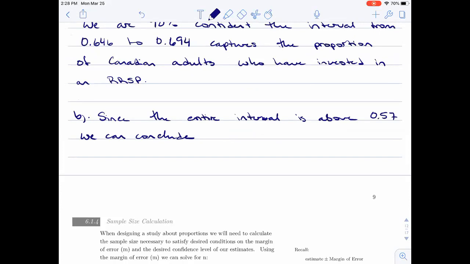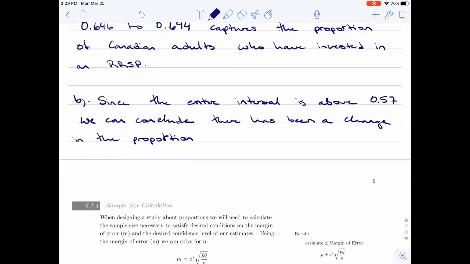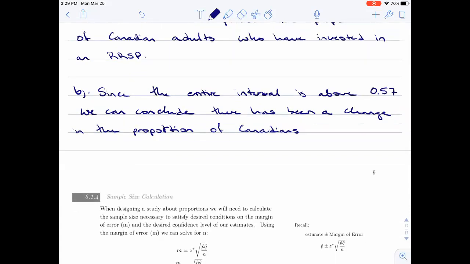we can conclude, does this provide evidence of a change? We can conclude there has been a change in the proportion of Canadians with RSPs, and I'll just add, looks like it has increased.